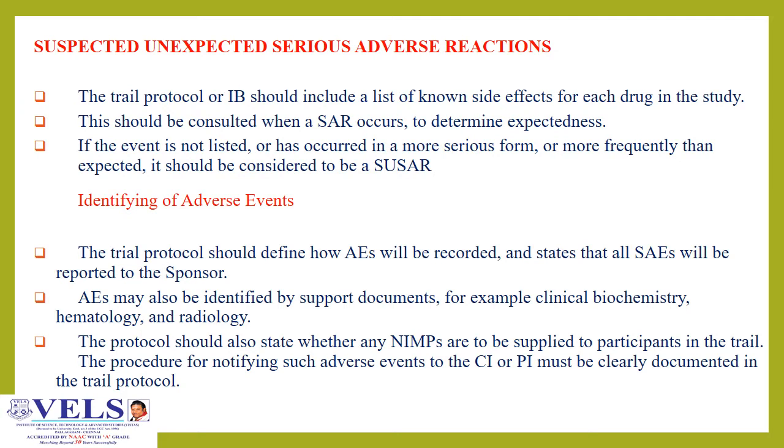The protocol should also state whether any NIMPs are to be supplied to participants in the trial. The procedure for notifying such adverse events to the clinical investigator or principal investigator must be clearly documented in the trial protocol.